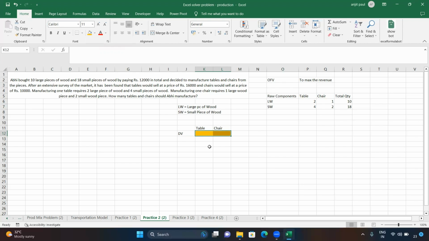Okay, so if we prepare the mathematical model, let's suppose X equals the quantity that we can make for table. Okay. Y equals the quantity that we can make for chair.